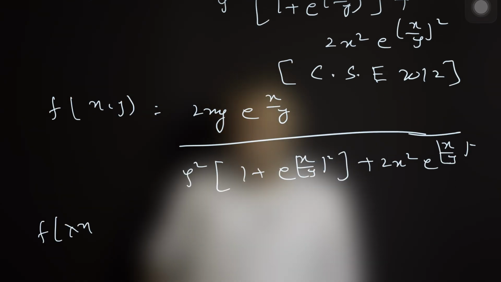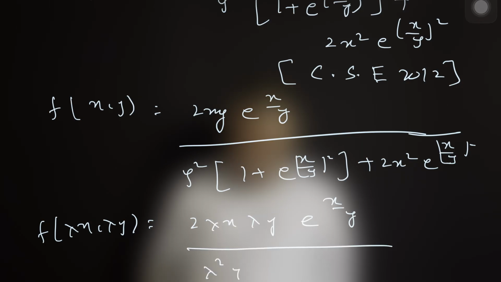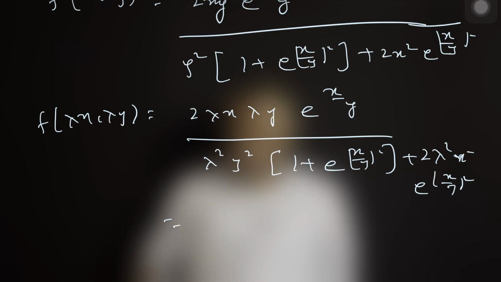So, if I put f of lambda x, lambda y, this is 2 lambda x lambda y and this is x by y upon lambda square y square, 1 plus e to the power (x/y) square, because lambda by lambda will get cancelled, plus 2 lambda square x square e to the power (x/y) whole square.